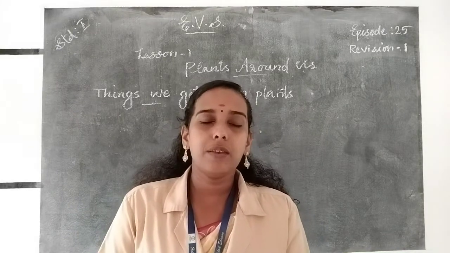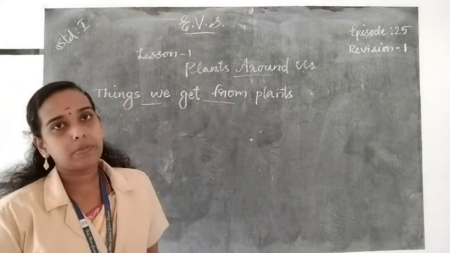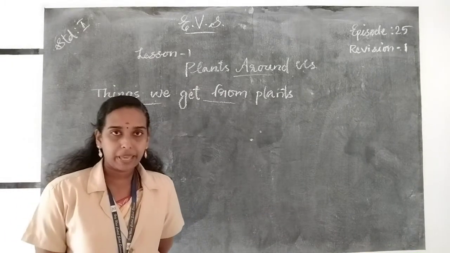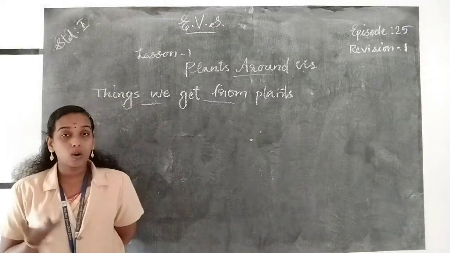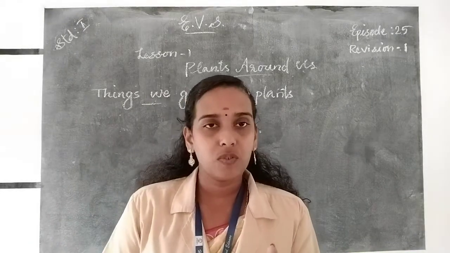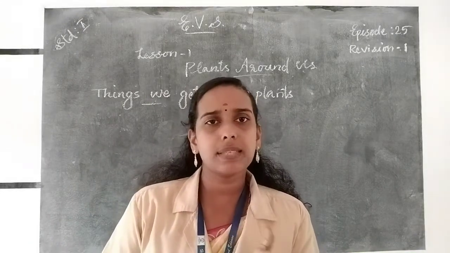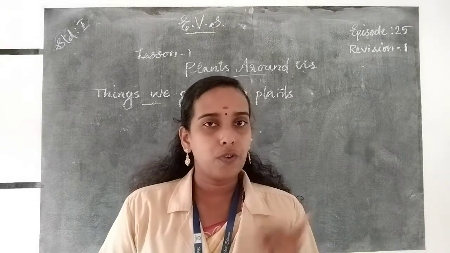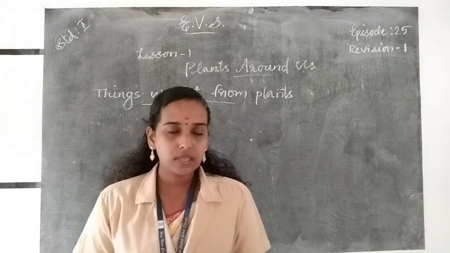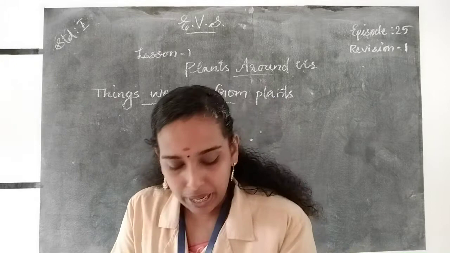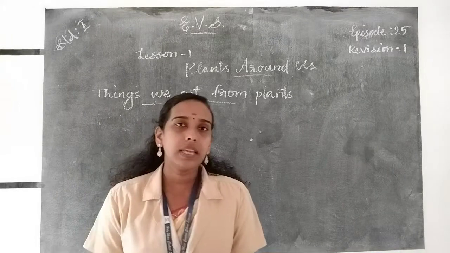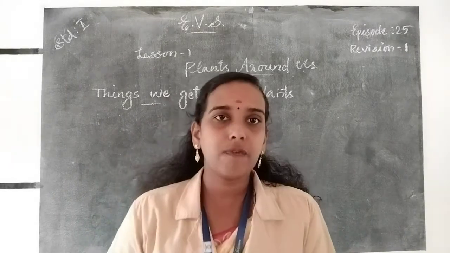Which are the things that we get from plants? Fruits and vegetables, grains, wood for furniture, paper, medicines, cotton for clothes, rubber, tea and coffee, flowers and perfumes, etc. These are the main things that we get from plants.